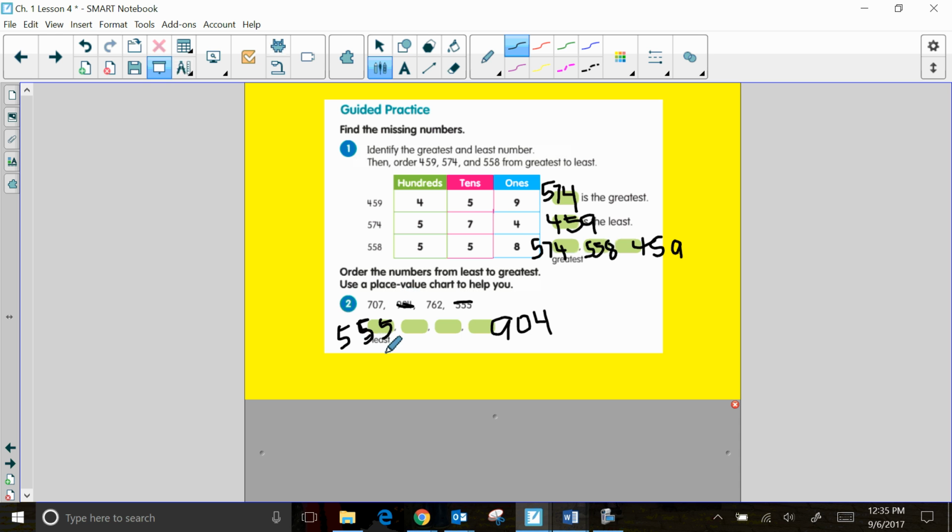Now I need to figure out which should come next. Looking for the next smallest number, 707, 762. Both numbers have 7 in the hundreds place, so I have to look at my tens place, 0 and 6. 0 is smaller or less than, so that should be my next number, 707, followed by 762.